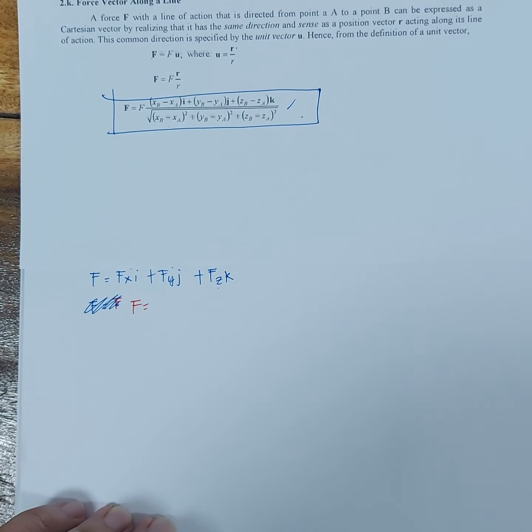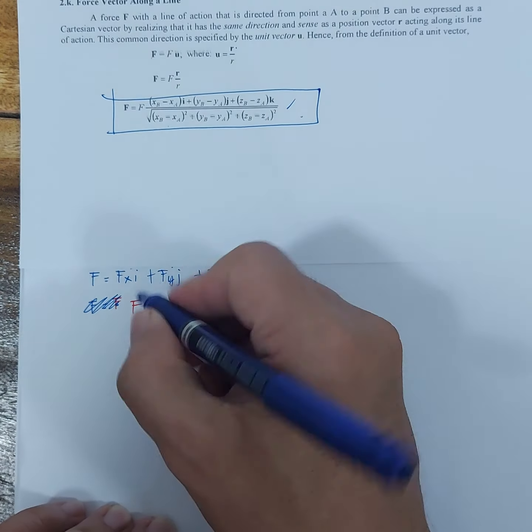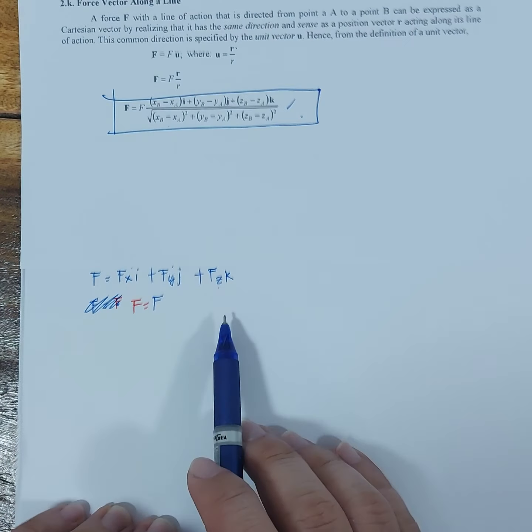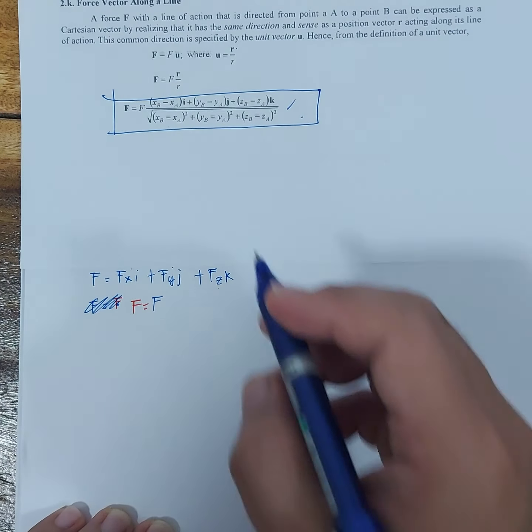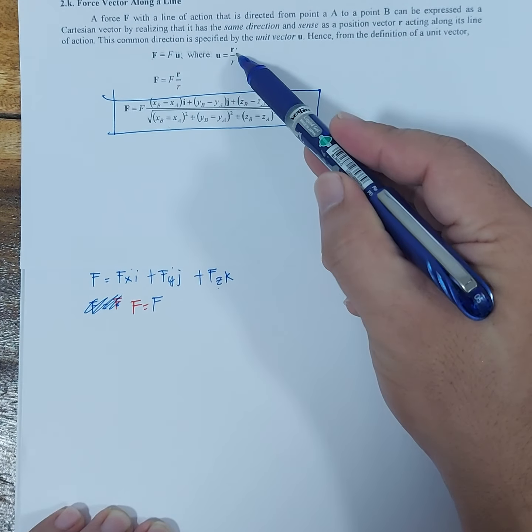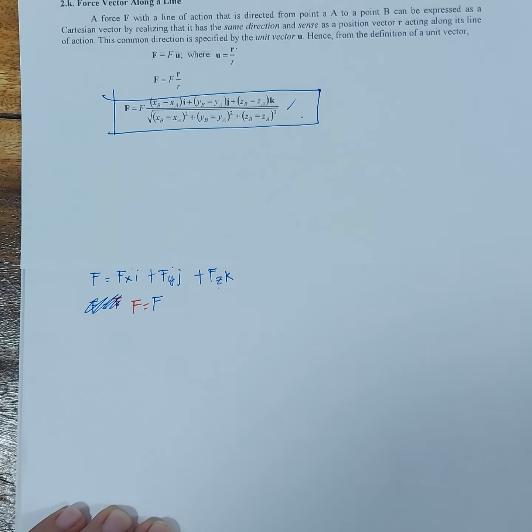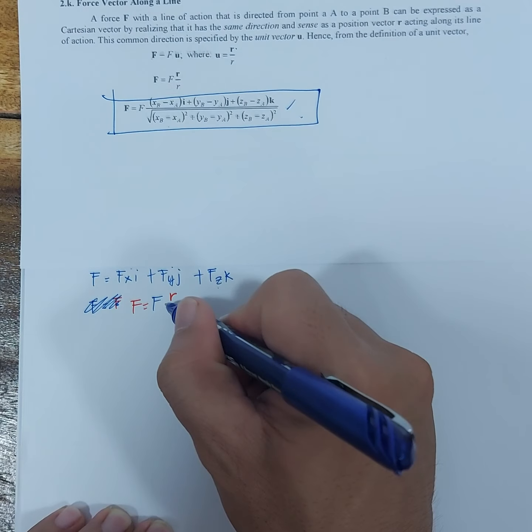F is equal to the magnitude of our force, which is 600, times R, the position vector. Let's write it in red, since handwritten bold is difficult.